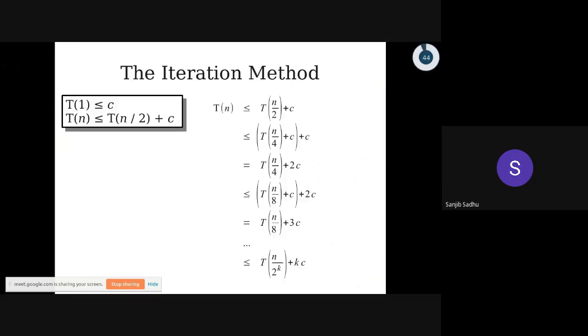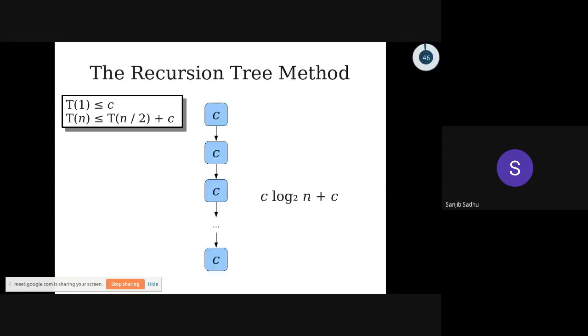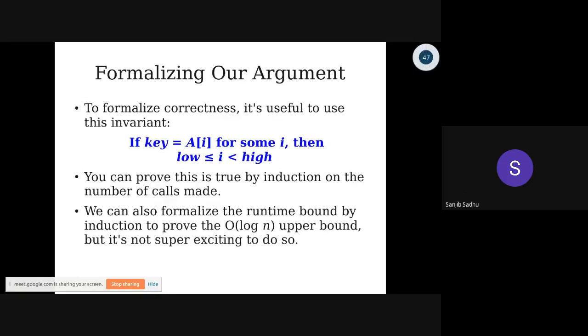You know the algorithm, and this is the iteration method. In the recursion tree, it is the same: C only, then again C, again C. How many times? That you can compute.